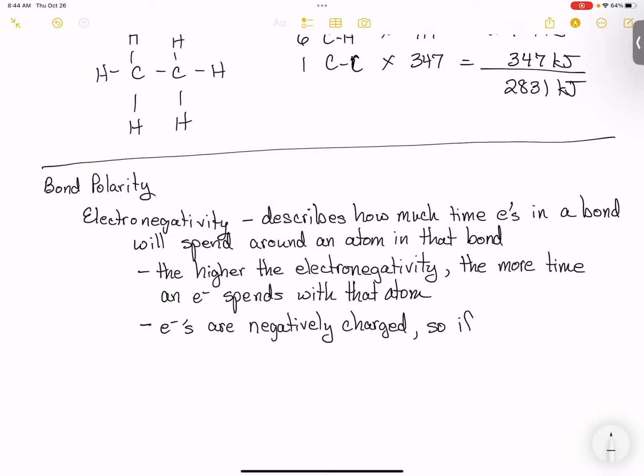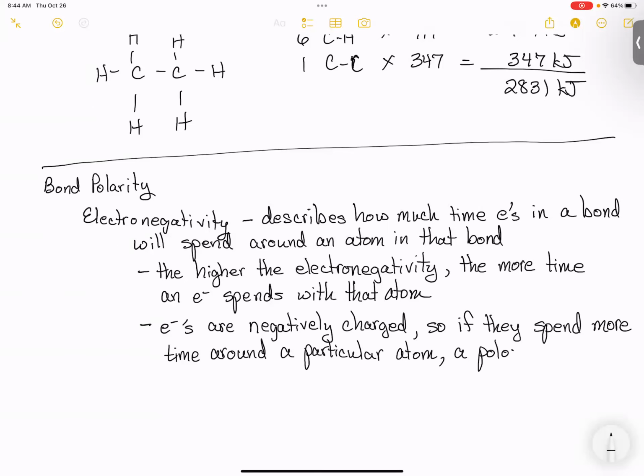So if they spend more time around a particular atom, a polarity is obtained.